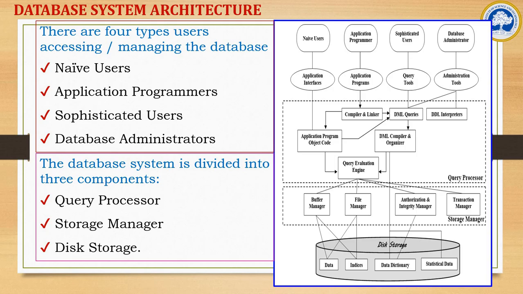The users are divided into four types: naive users, application program users, sophisticated users, and database administrators. The naive user is a common man. They are not aware of any information about the database. For example, if we are booking a ticket for a flight or train, as a user we just use the APIs, click on our tickets, and close it.